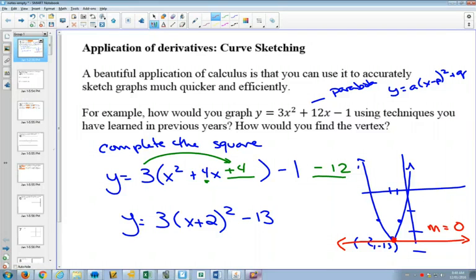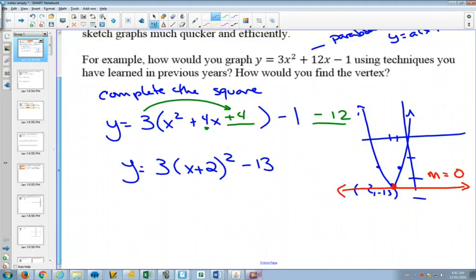So now if our derivative finds us all of our tangent lines, and we're specifically interested in the one where the slope is 0, how is that going to help us? Well, let's take a look. How hard is it to take the derivative of this function? It was pretty easy. And if we wanted the slope to be 0, how hard would it be to solve for x?